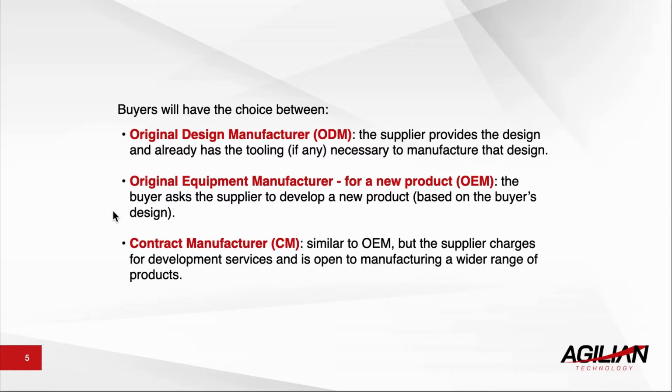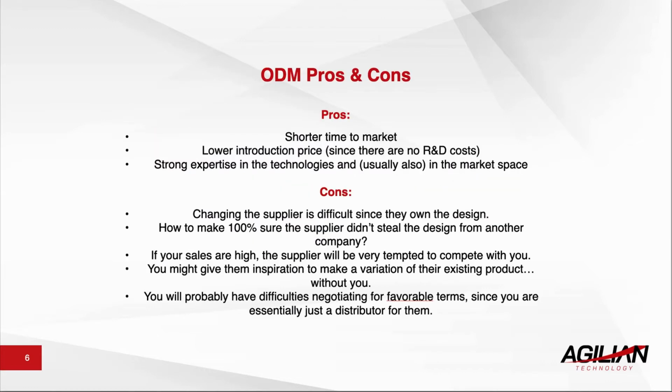OEM means you coming with your new product and they're going to make it. And typically they are already making similar products. Contract manufacturer is also, like OEM, the case where it is the development of a new product. However, the business model is a little bit different, as we're going to see in the next 3 slides.